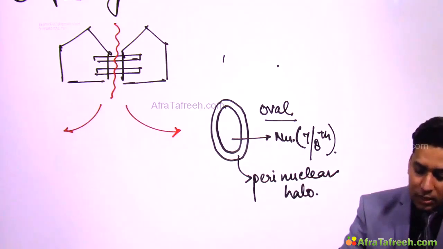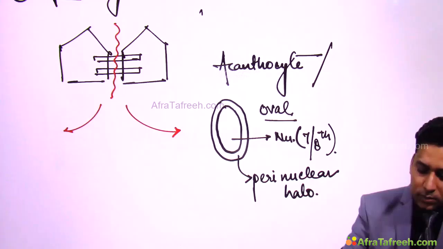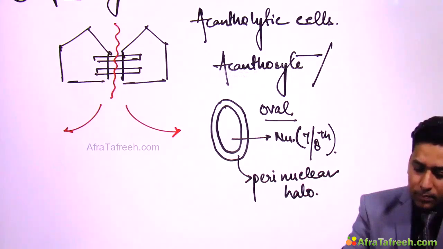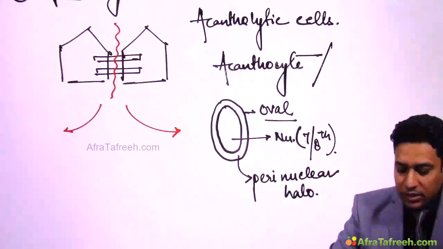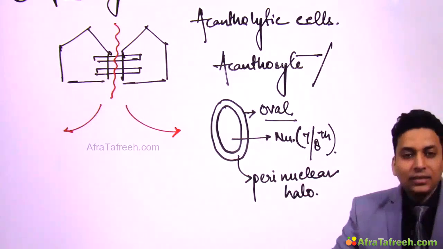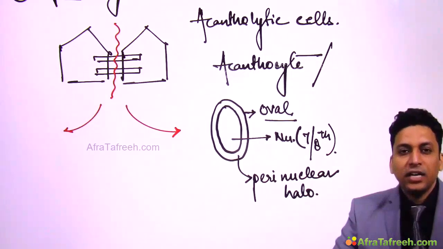Such type of cell is known as acanthocyte, also known as acantholytic cells. These are the three characteristics of acanthocytes: they appear oval, they have a large nucleus and perinuclear halo.